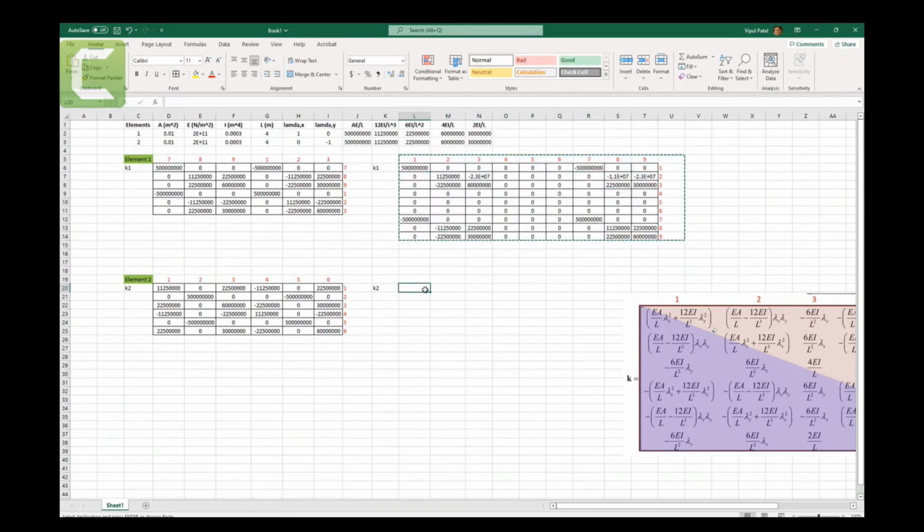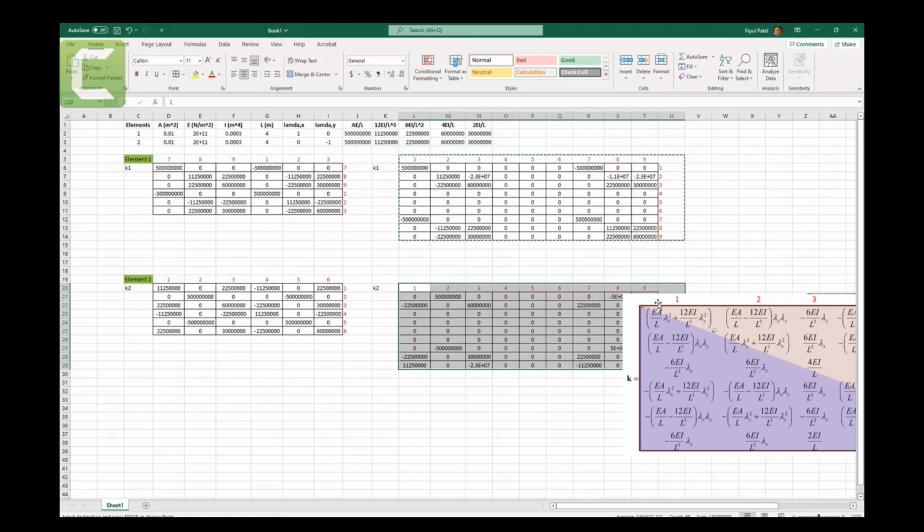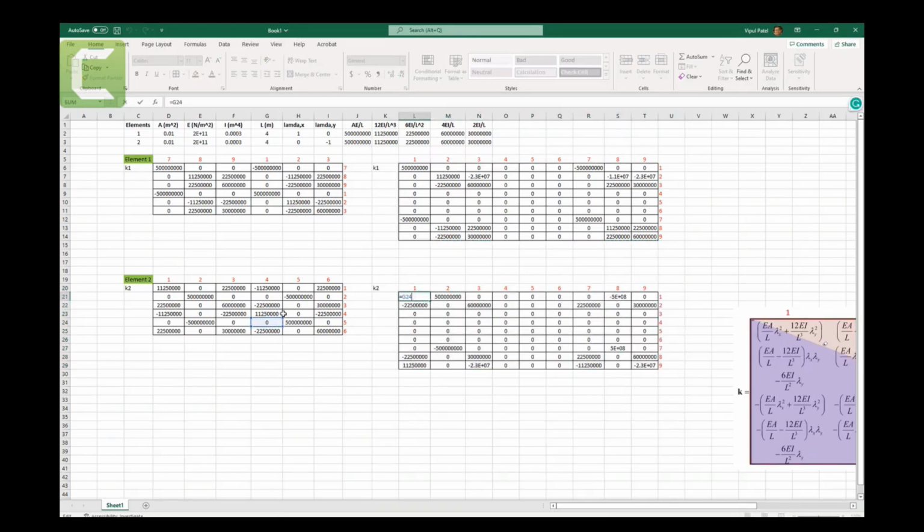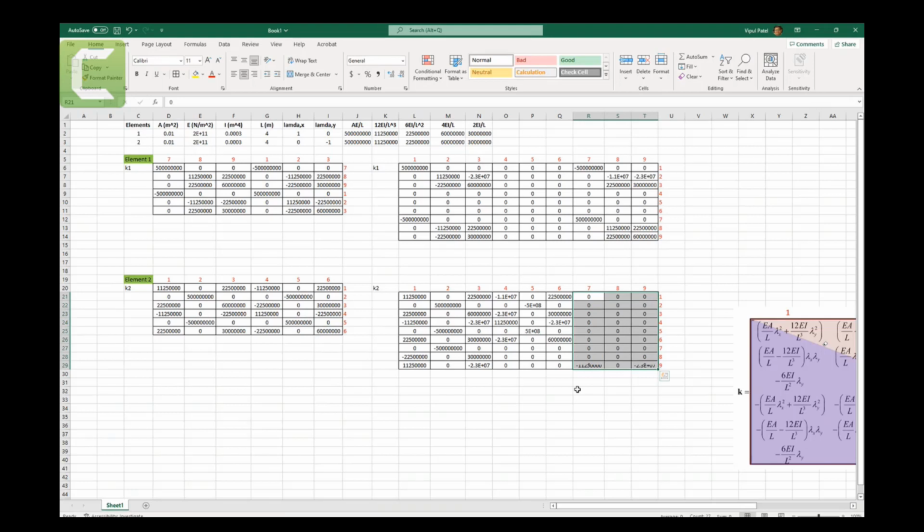So let's copy this one here. We will not take this one, but the one here, and look at the magic. 1 2 5, 1 2 6 and 1 2 6, and from here that would be 0. So that's 0, and this all the way here is 0.